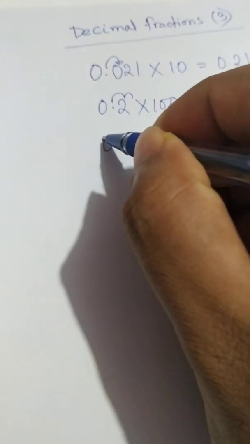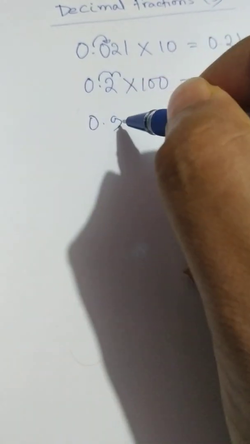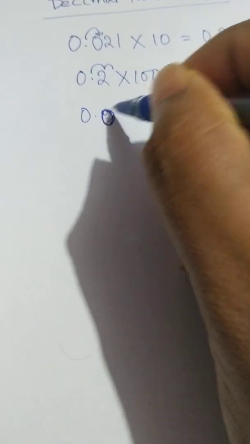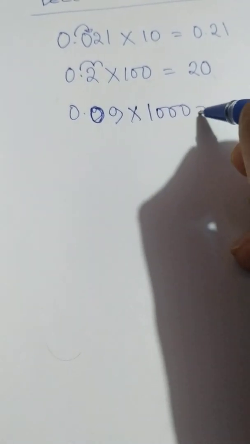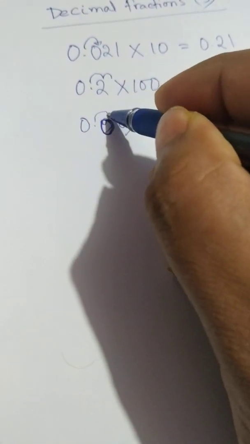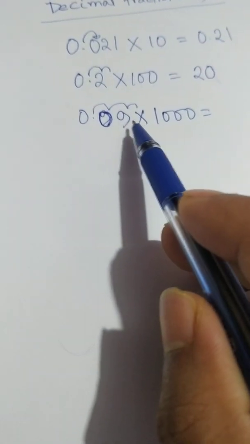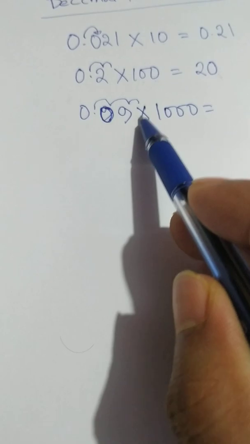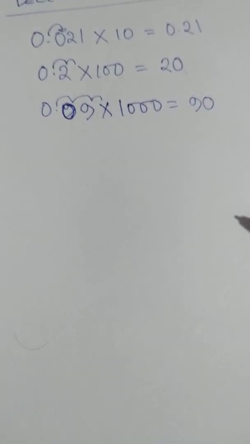Next, if we discuss 0.09 into 1000. So 1 step, 2 steps, 3 steps. The decimal comes over here, there is one space empty, so it becomes 90.